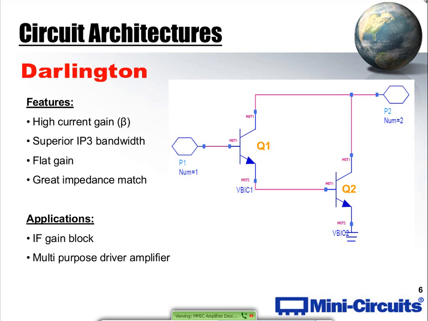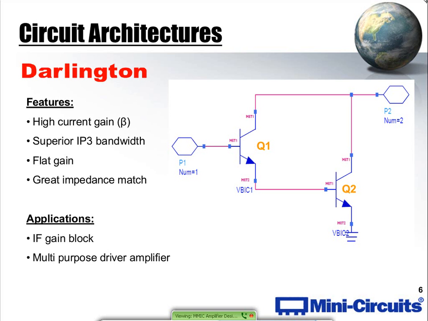In the configuration, the second transistor, Q2, that you see on the screen, is slightly larger, and that's where all the power comes from. It is used in our designs for a lot of our medium power solutions. It is not the best low noise figure approach out there.